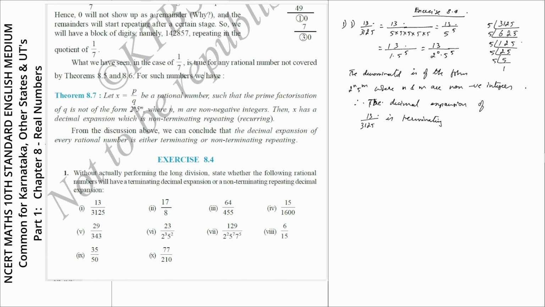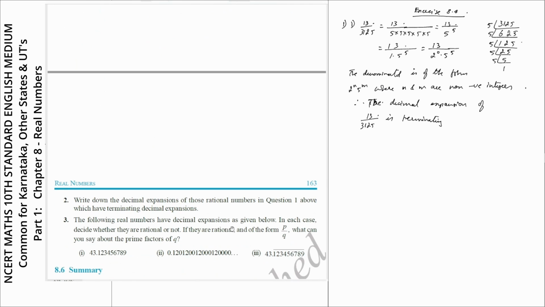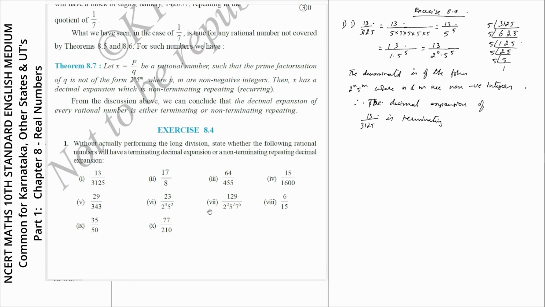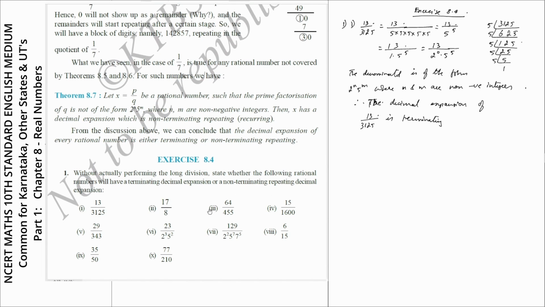So also in question number 2 they are told here, write down the decimal expansion of those rational numbers in question 1 above which have terminating decimal expansion. So if it is terminating, we should write down the decimal value also. So for that we need to divide. So 13, if I divide by 3125, so 13 is not divisible, therefore I put one decimal point and take 0. Still it is not divisible. Now I'll put 1 0 and put 1 0. Still it is not divisible. Again I'll put 1 0.